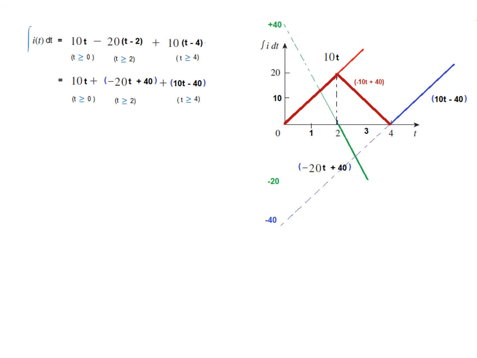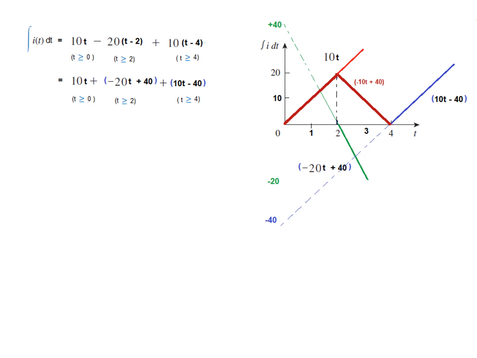Then we plot minus 20t plus 40, where 40 is the intercept, starting at t greater than 2. And then we have 10t minus 40, starting at t greater than 4. Now if we add these terms, we'll get a graph which will look like this.